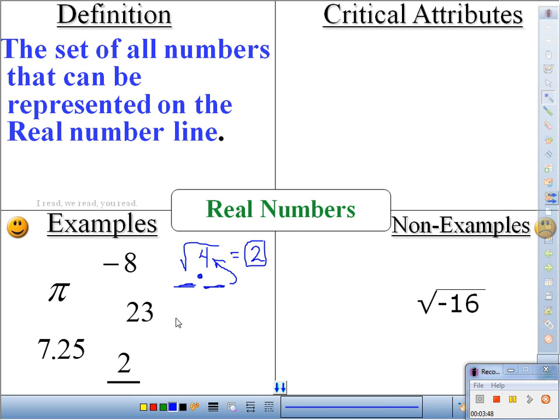How about the square root of 25? Think about it. What number times itself gives me a product of 25? 5, that's 5 times 5. Now some of you are also thinking, Mr. Q, can it be another number times itself to give us that same number? Think about it.